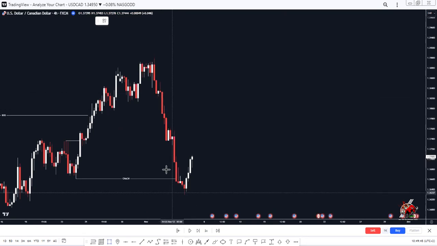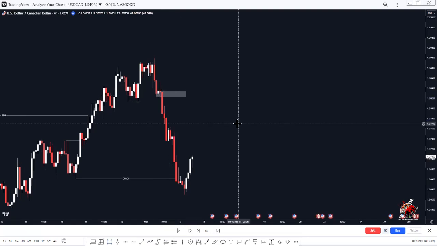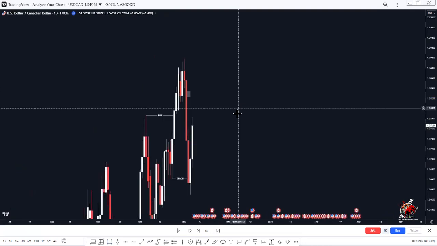Why am I saying so? Because this candlestick didn't leave us an imbalance in between. It balanced, right? And the candlestick that has imbalance is this one, right? It's this one.